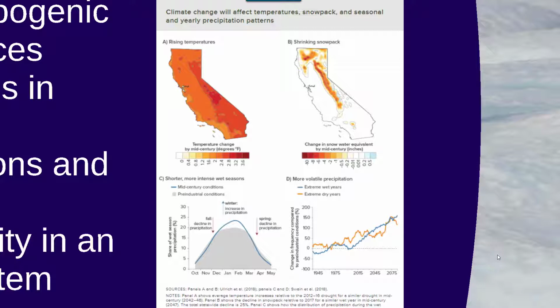In the bottom left-hand side, we find that there are shorter, more intense wet seasons, and in the bottom right-hand figure, we have an indication of predictions for the volatile precipitation that can occur between extremely wet and extremely dry years. So there's an increase in a lot of these features, and we can use this information to better understand habitat selection and at least try to predict how species may change their habitat over time.